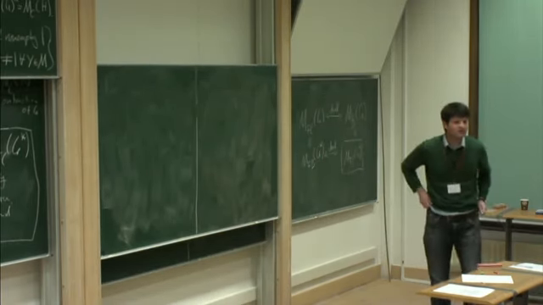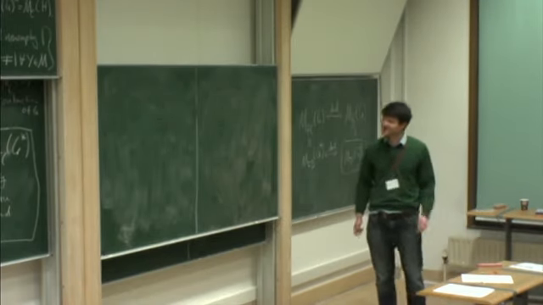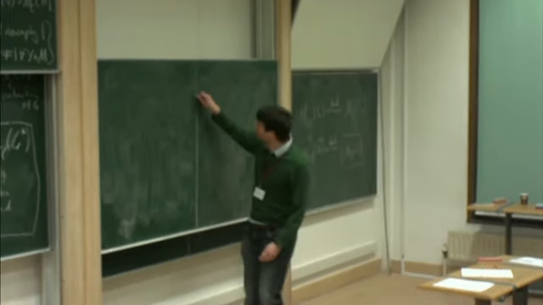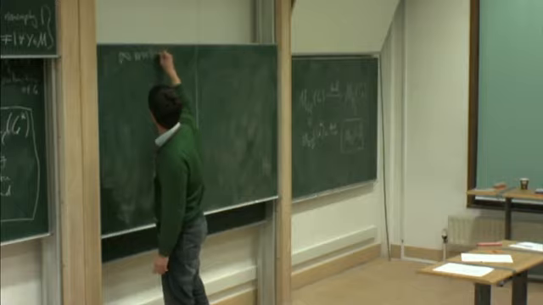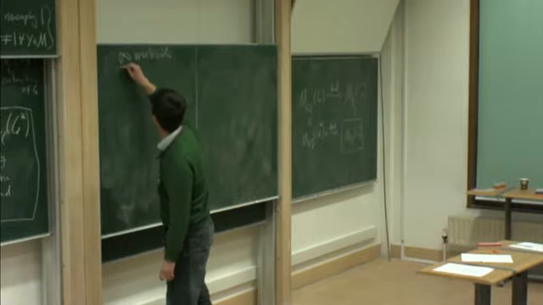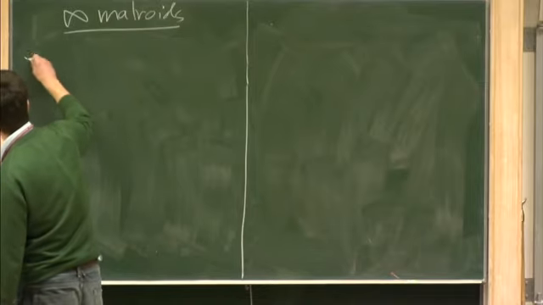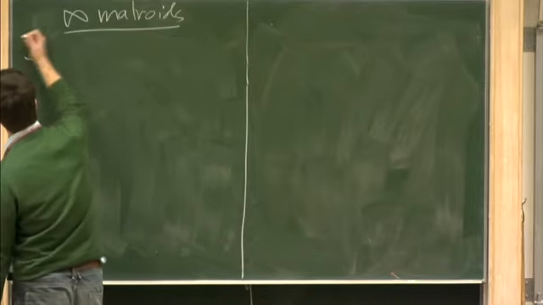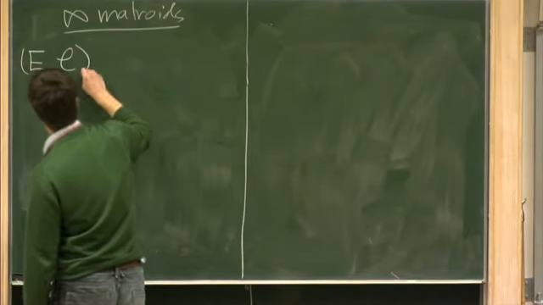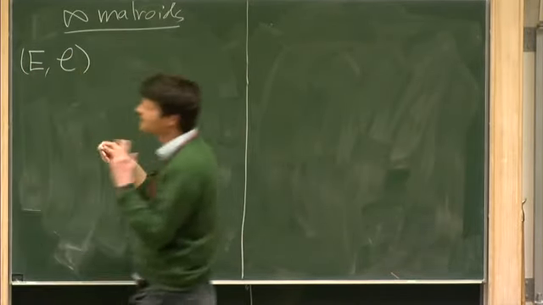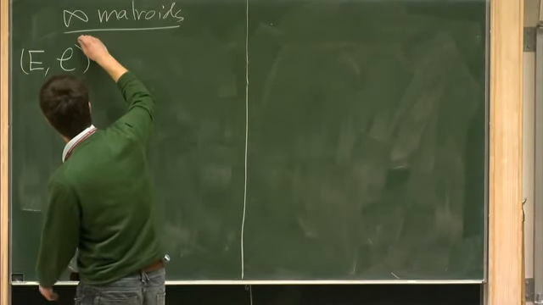Right, so I hope I convinced you a little bit that infinite matroids might be worth studying. And now let's define infinite matroids. So an infinite matroid always consists of a ground set E together with a set curly C. I now give you just one way how we formally could define infinite matroids.